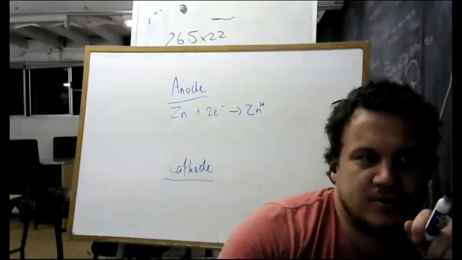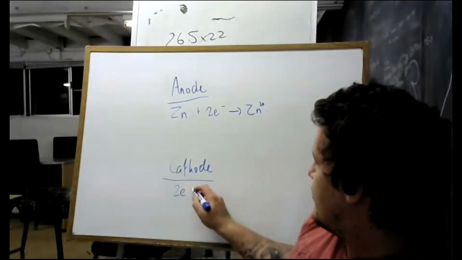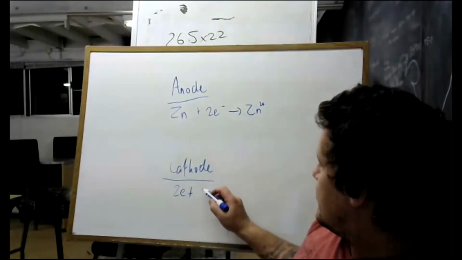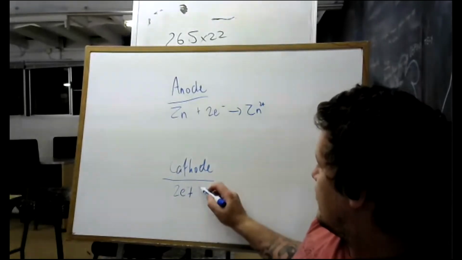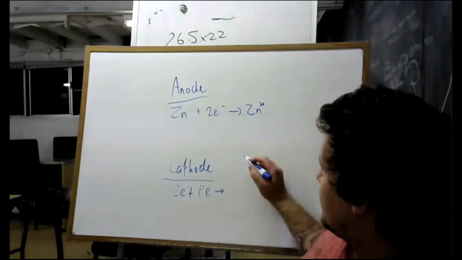At the cathode, what have we got here? Do we have oxidation or reduction? What have we got up here?